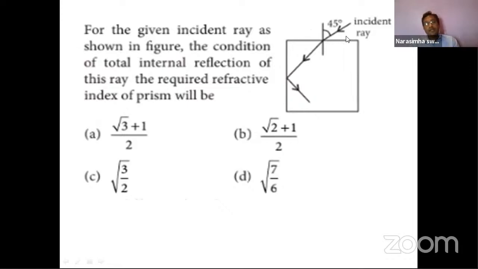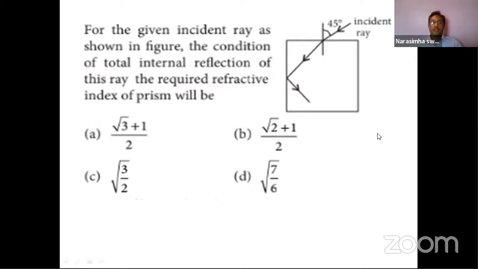The ray is incident such that the refracted ray inside is totally reflected into the same medium. Then what could be the refractive index of this material is what they are asking.